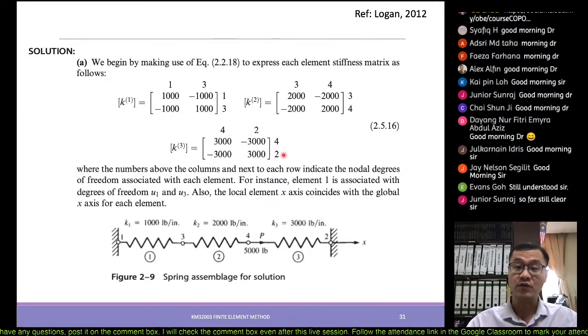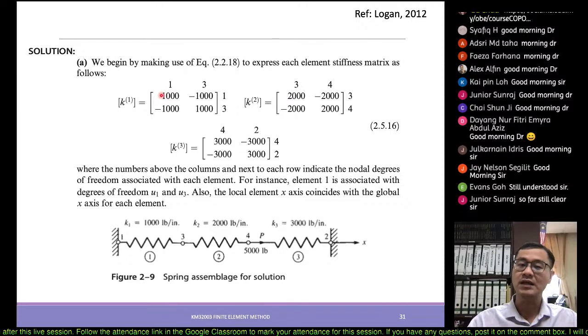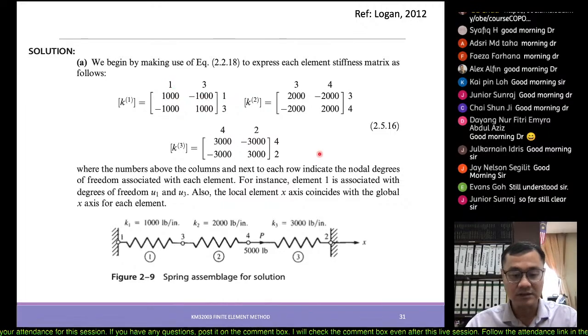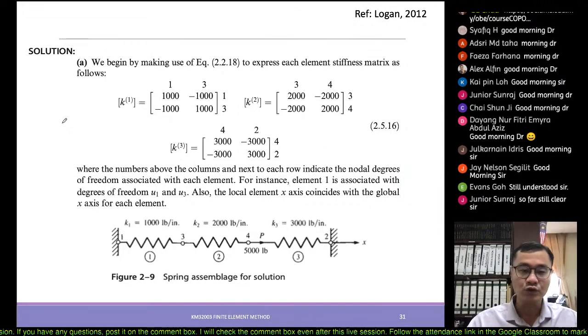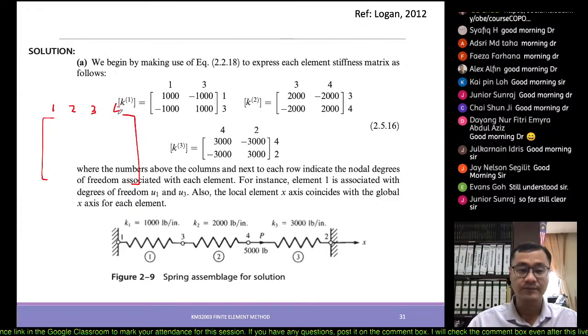Very straightforward. Once we have this, to form the total stiffness matrix, we can just take the corresponding elements. So 1 and 1 is 1000. Let's try. If we form it, how many do we have? We would have 1, 2, 3 and 4, so again 1, 2, 3 and 4.